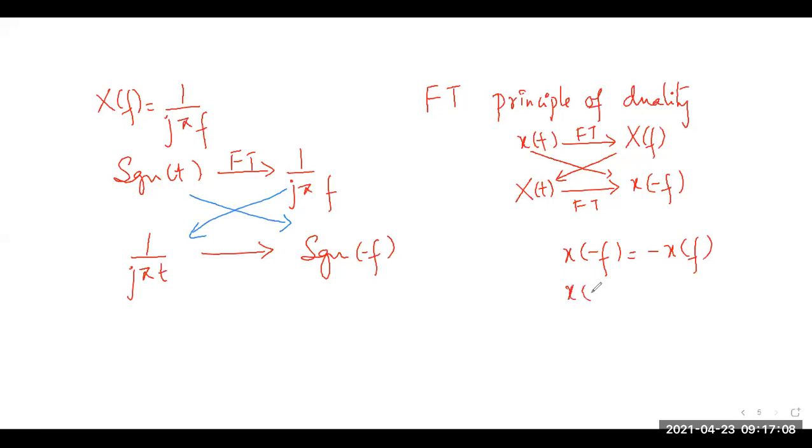And an even function is something where x of minus f should be equal to x of f. But signum function looks like this. Just by looking at its shape, we can make out that it's an odd function, signum of f. So I can take out this negative sign outside, so minus signum of f.